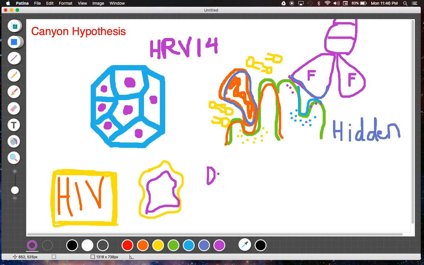If researchers can figure out how to adapt the shape of the canyons, adapting this shape right down here, then it would possibly make it very difficult for the virus to attach to its host cell. So what you want to do is adapt the shape of the canyon, or just adapt the canyon in general.